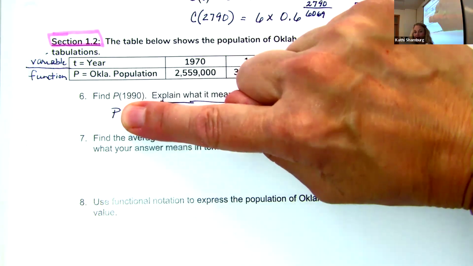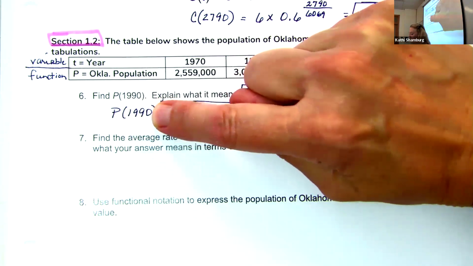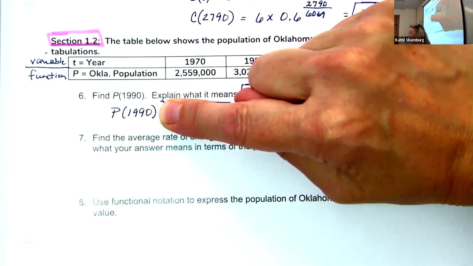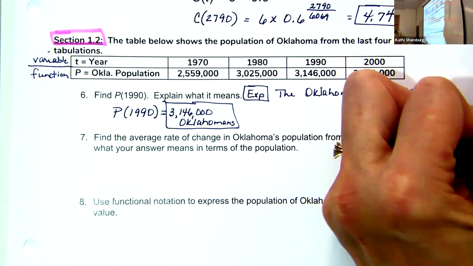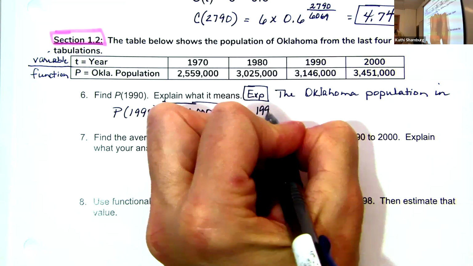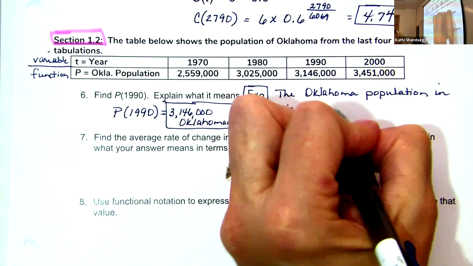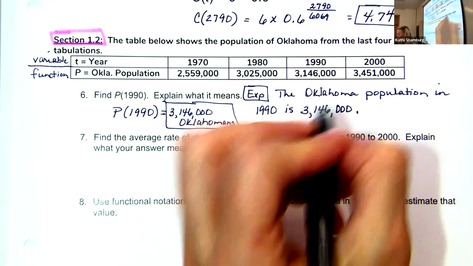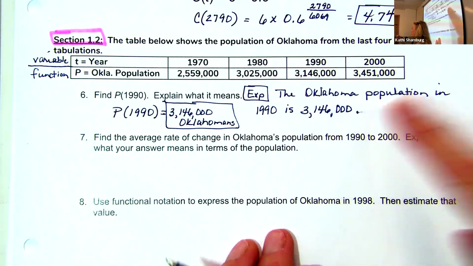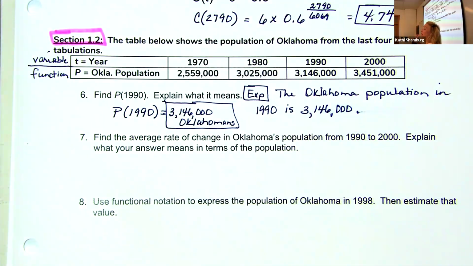So we just defined that part, the Oklahoma population in 1990 is, and then that number. Now, technically, you don't have to say Oklahomans again because we defined where they're from here, but if you did, that would be fine. And don't forget what at the end of the sentence. What starts the beginning of a sentence? Capital letter. I will count off half a point for those.